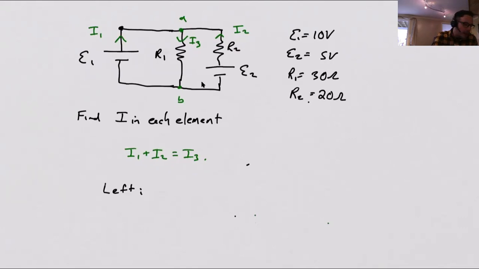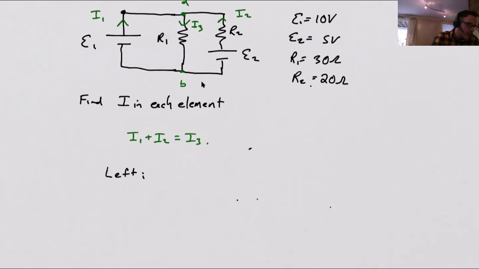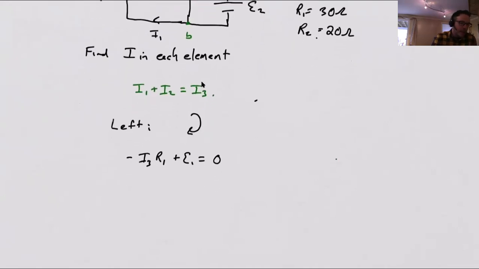Then going from A down to B, I'm going in the direction of the assumed current I3, and I'm losing I3 R1. Then I come back up here, which means that I1 must now be flowing this way, so I pick up E1, and that's got to be equal to 0. We can't ask for anything simpler than that, okay?